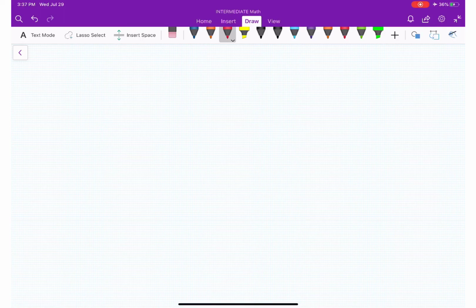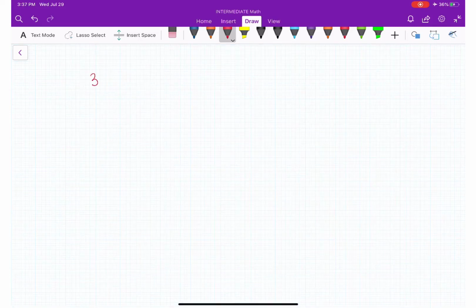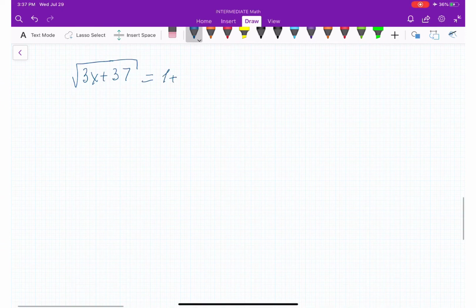Square root of 3x plus 37 equals 1 plus square root of x plus 12. So what we're going to do, since we have radicals on both sides, we are going to square both sides.